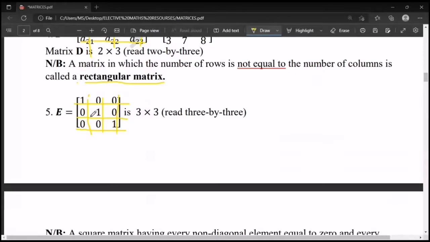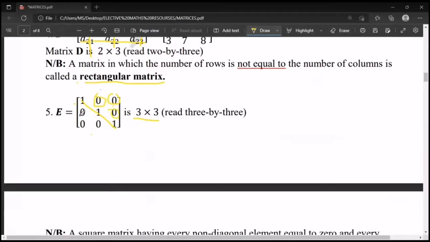So the order of this matrix is 3 by 3. But guys, watch here carefully. In this matrix, example E, we have the leading diagonals to be 1, 1, 1, and the non-diagonals are 0, 0.